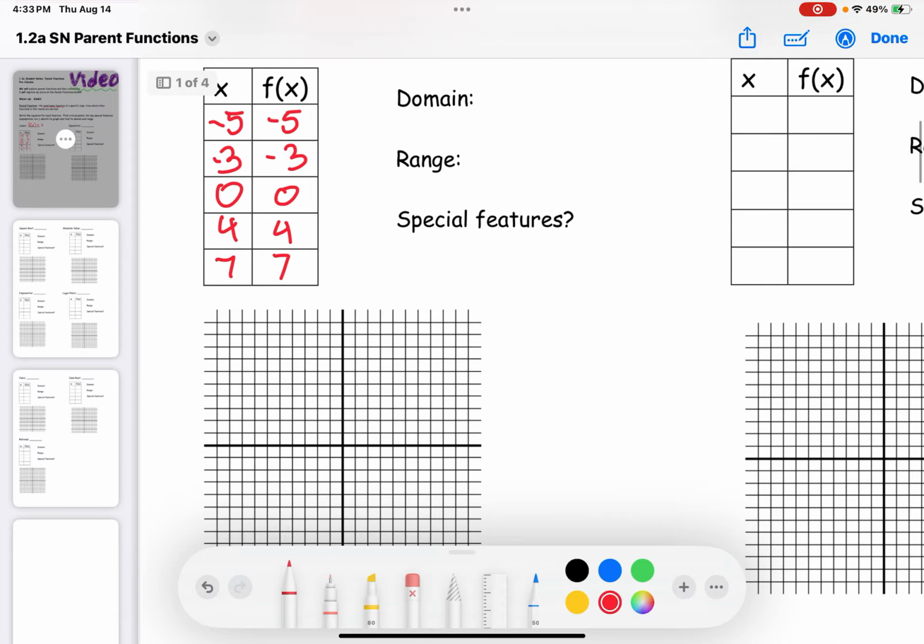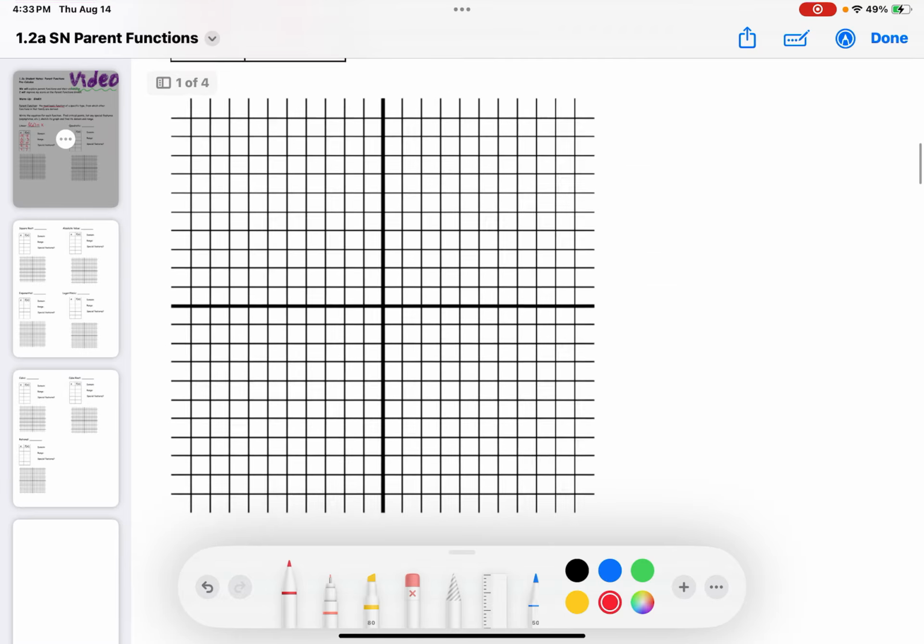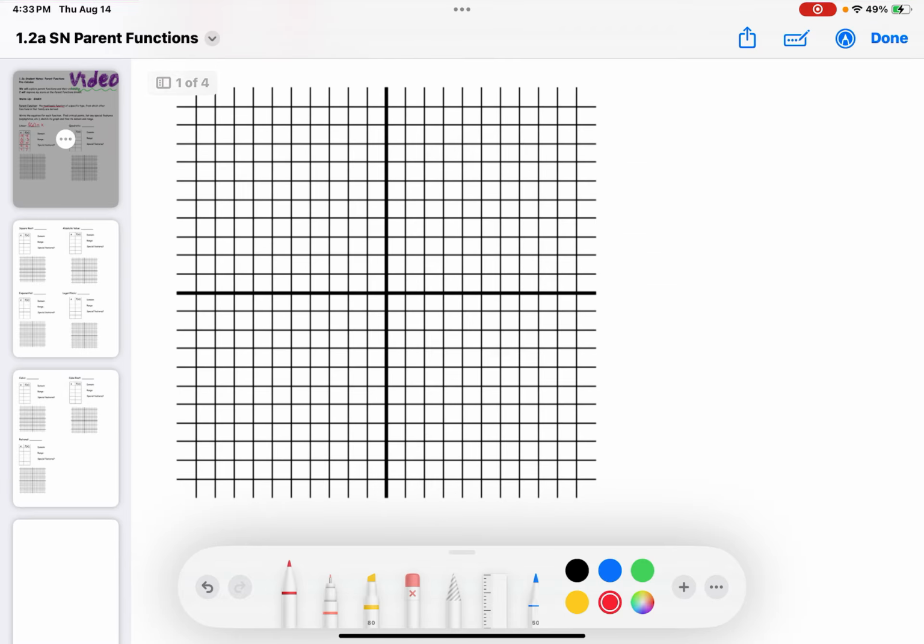That line, y equals x, goes through the origin at 0, 0, and its x and y are equal. So we have a line through the origin with a slope of 1.